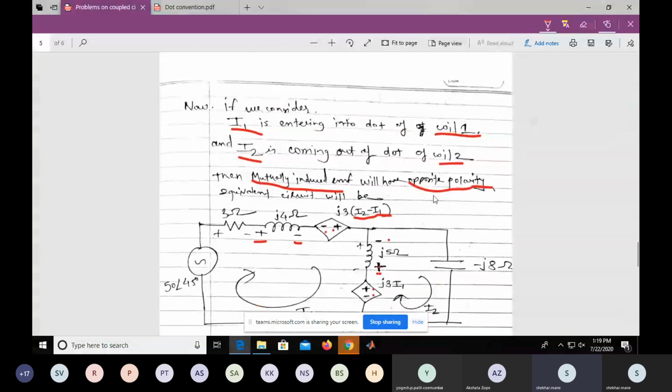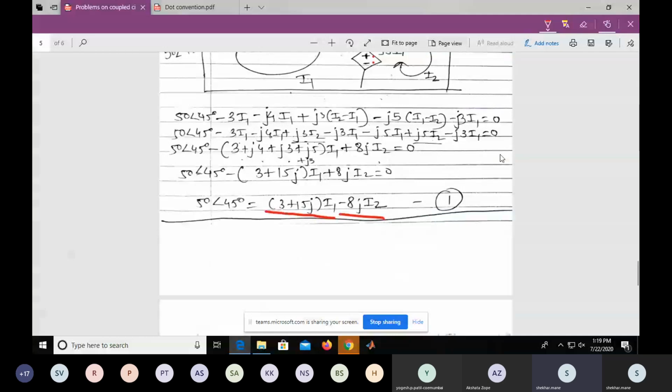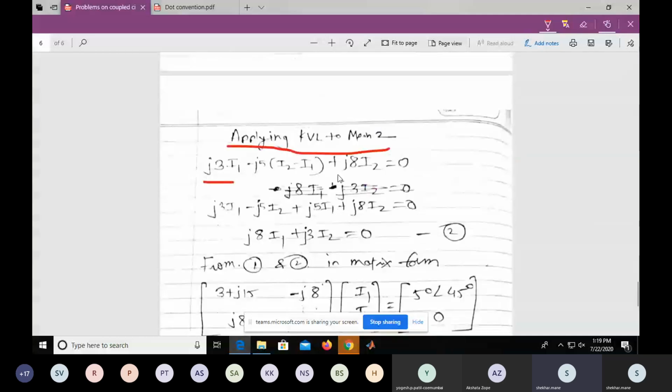Because this is negative, minus j8 is given. Whenever we apply KVL here, we are going from positive to negative because of I2, so the polarities are positive to negative. So minus minus plus 8, that's why we get here plus j8.